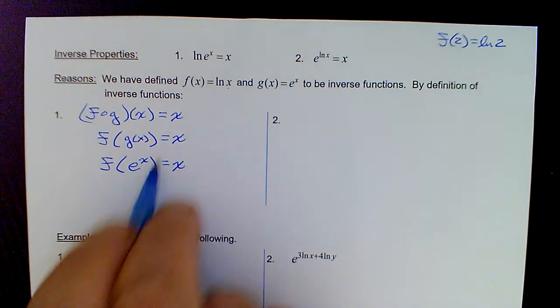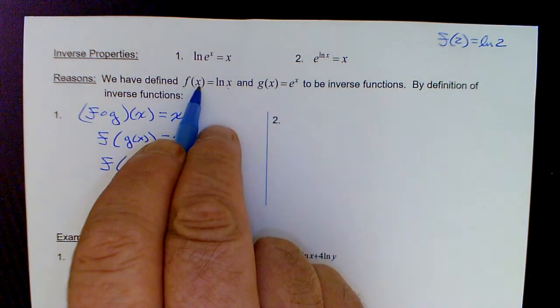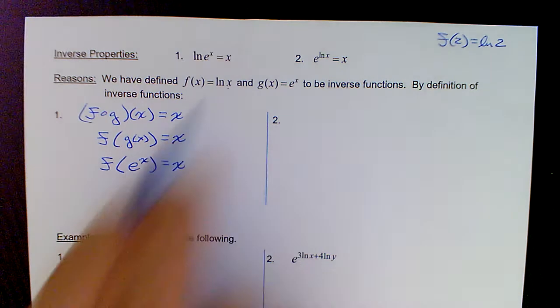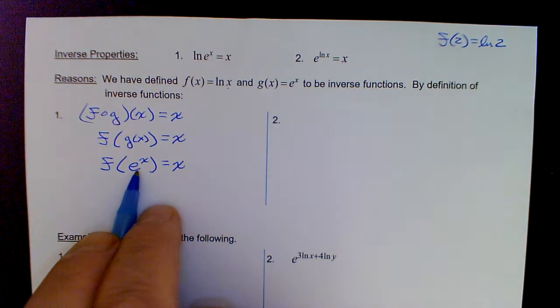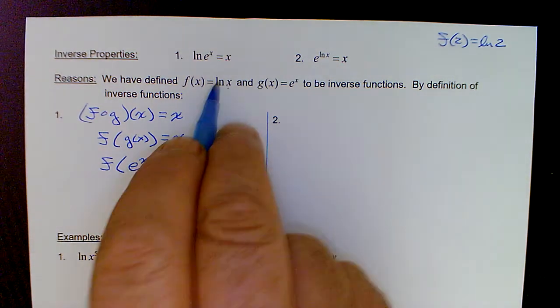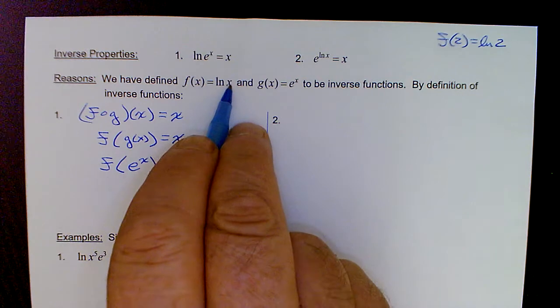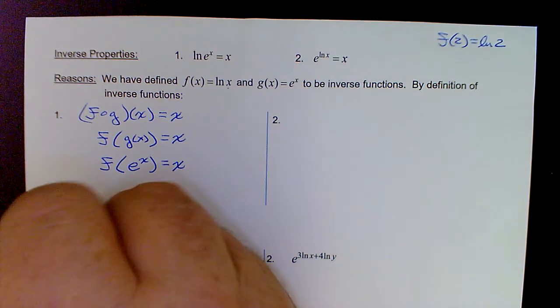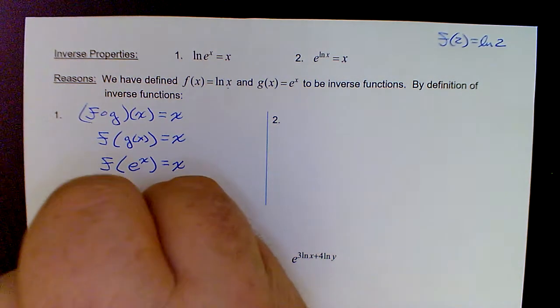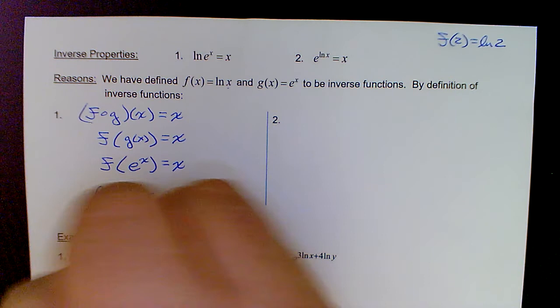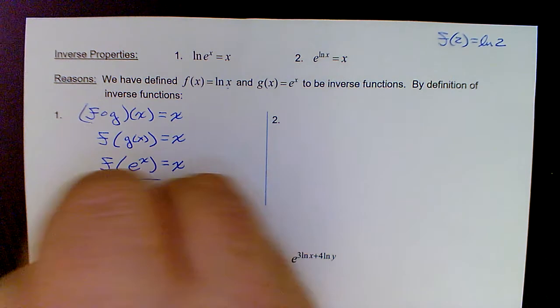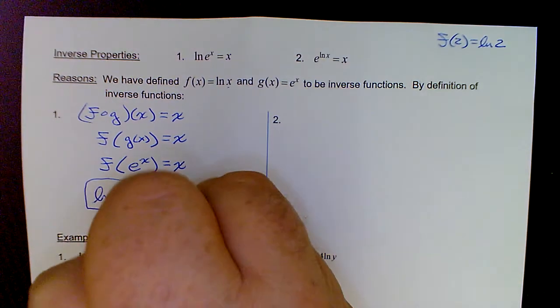So now we're replacing the x in f of x by the function e to the x. So f of x is the natural log of x, so this becomes the natural log of e to the x, and that has to equal x, and that's our first inverse property.